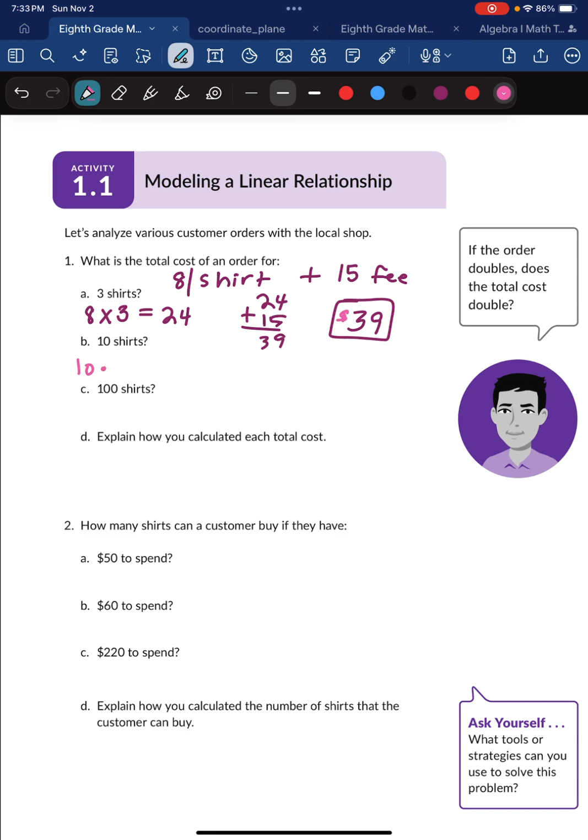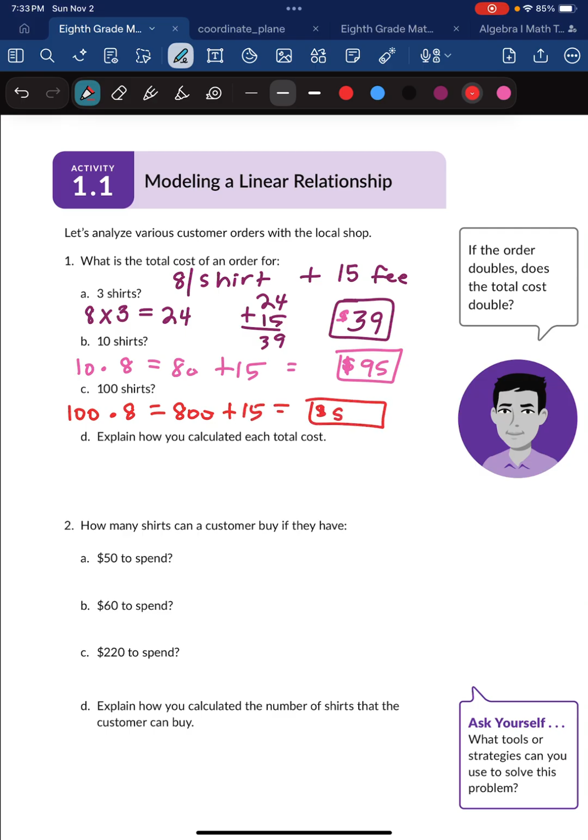So 10 times 8 is $80 plus the $15 fee. So 10 shirts would be $95. 100 shirts at $8 a shirt is going to be $800 plus the $15 fee.